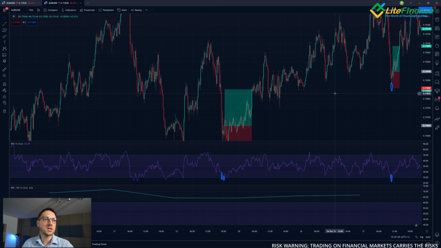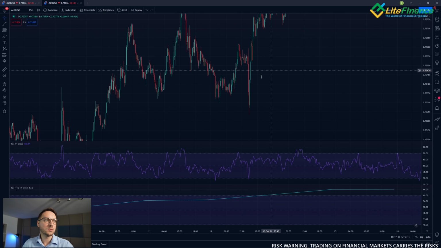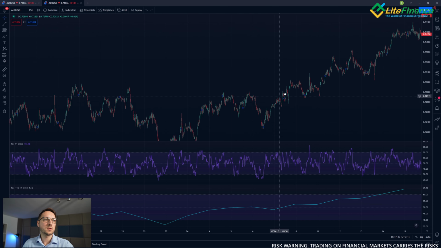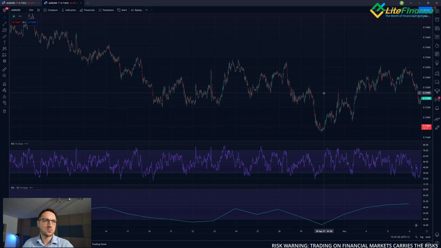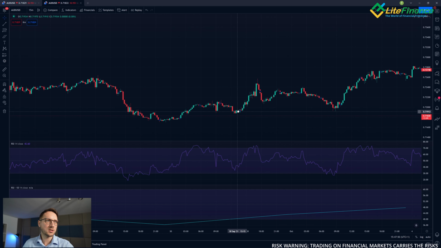Let's go down the line and look for the entries on a sell side, in the opposite direction. So let's maybe zoom out a bit and see here. This one most likely will be a loss, but either way, let's check it.